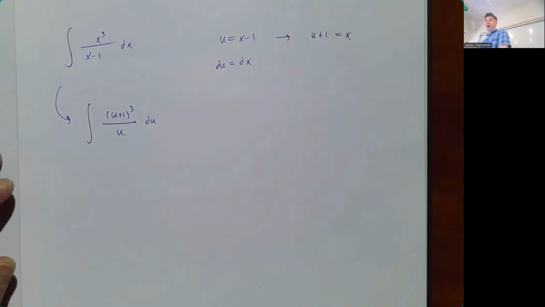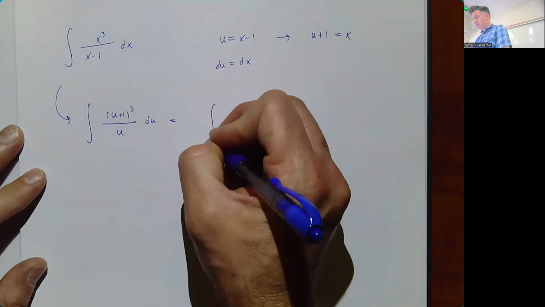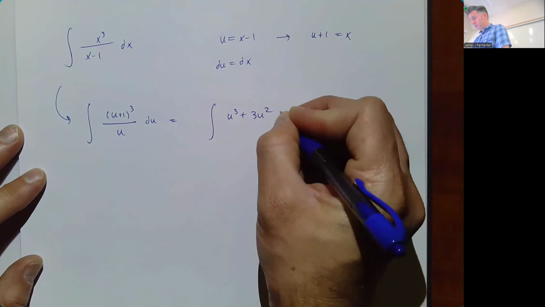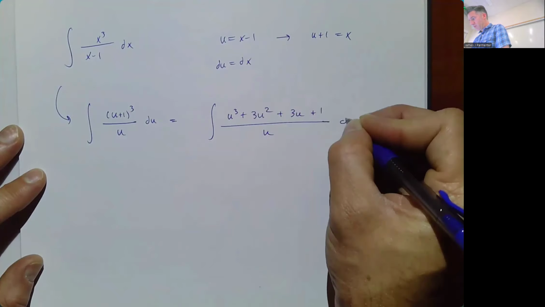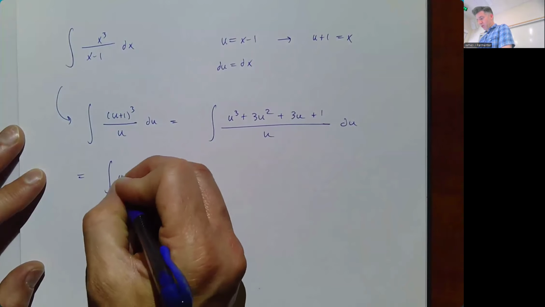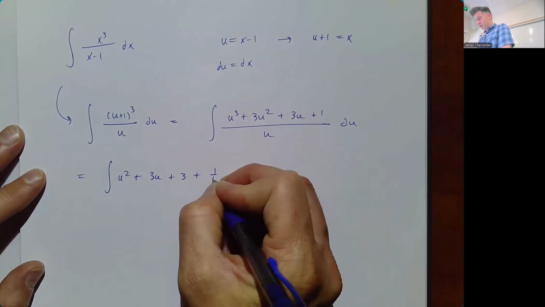You do have to multiply at the top, which can get kind of gross depending on how big that power is. And it might not be the right choice sometimes. But here we have u cubed plus 3u squared plus 3u plus 1 divided by u du. Divide each thing by u: u squared plus 3u plus 3 plus 1 over u.